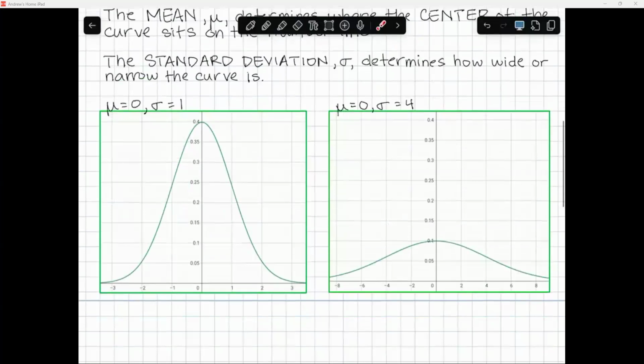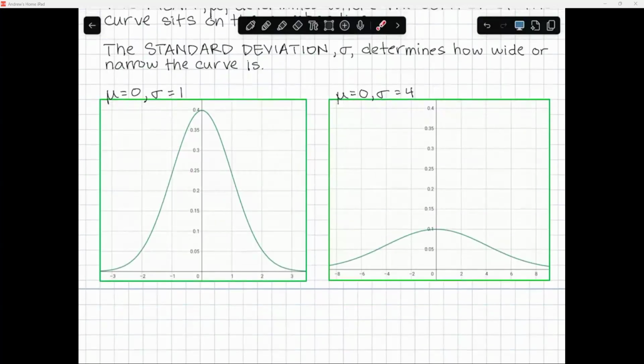And you can see I've included two examples here. Both of them have a mean of 0. We can see they're centered about the y-axis. You'll notice the one that has a standard deviation of 1 is tall and it's narrow. It approaches that x-axis right about 3, a little past 3 on either side.